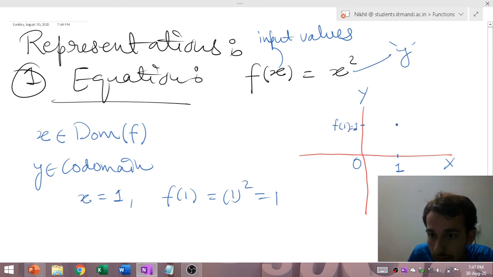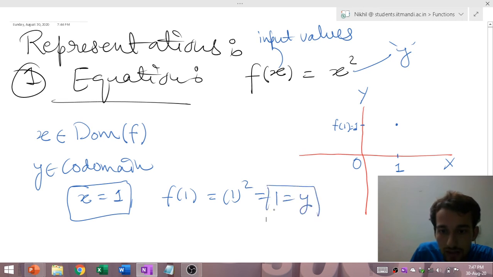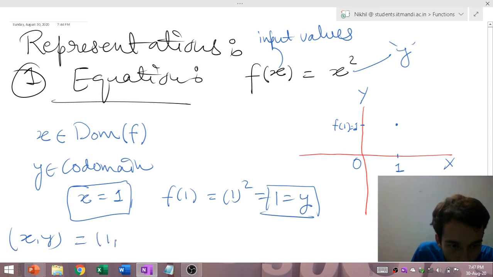This is the point. This is the value for x, and I was calling this y. So this y is also 1 in your case. Your ordered pair in the xy plane is x comma y, so this is 1 comma 1 in our case, which I have just plotted here.